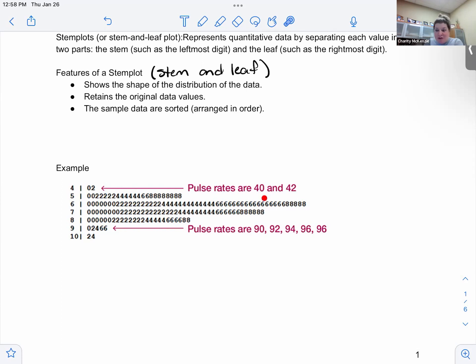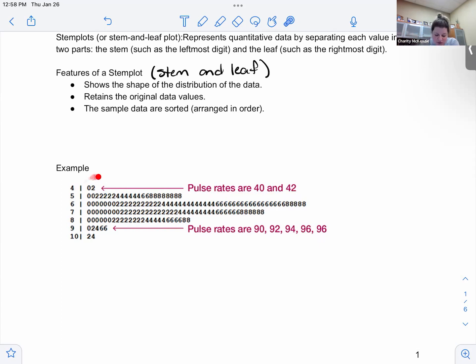That's the very first number of this data set, 40. The next number would be 4, 2. So 42. I wrote out a couple of them just so you could see that. So the stems are the 10s and the 1s are the leaves.